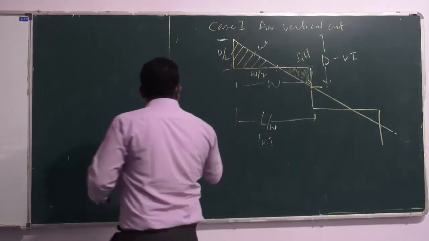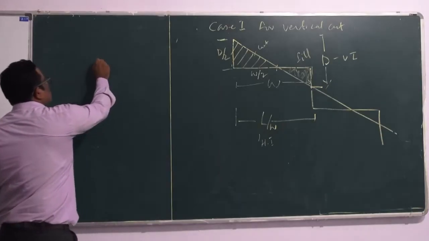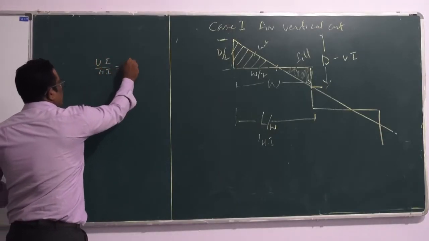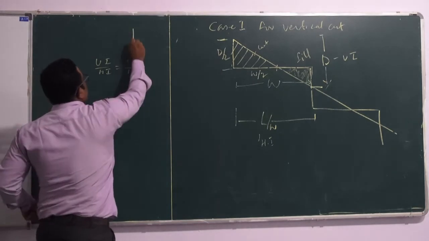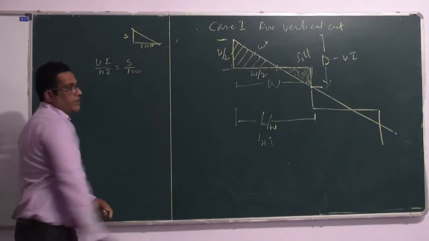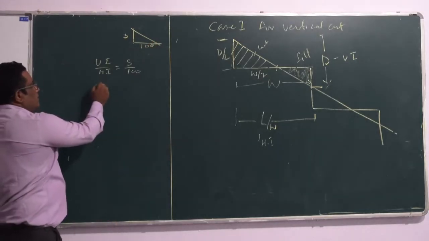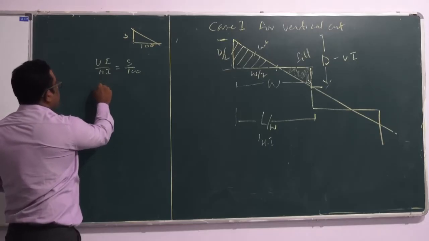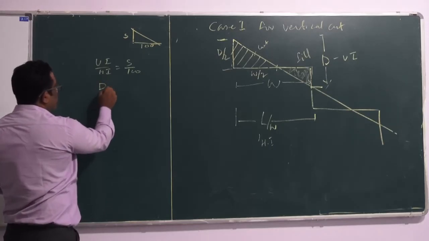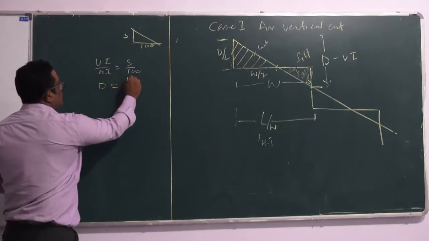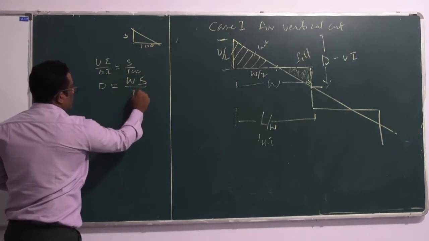Then what do we know? We know Vi by Hi is S by 100. So this is S, this is 100. Then what is Vi here? D, Hi is W, so D is equal to WS by 100.